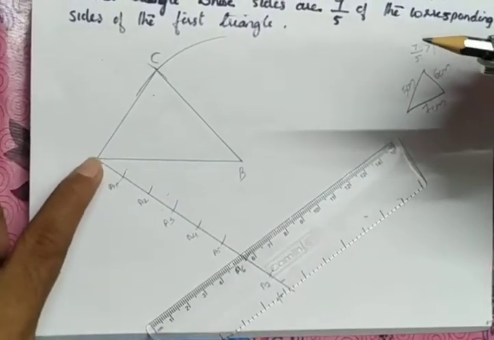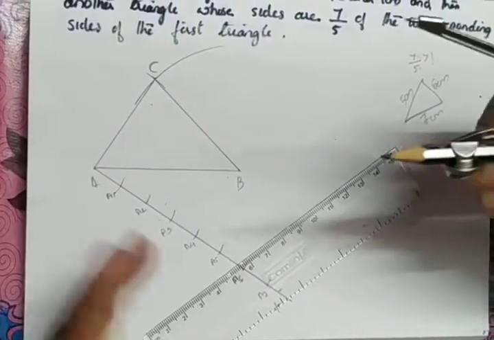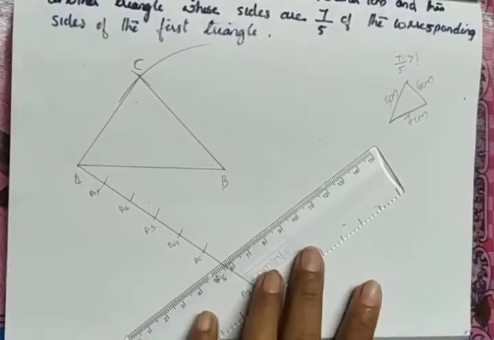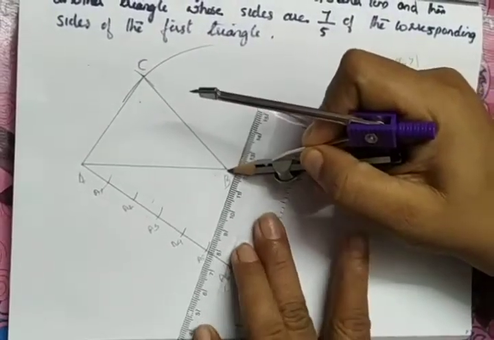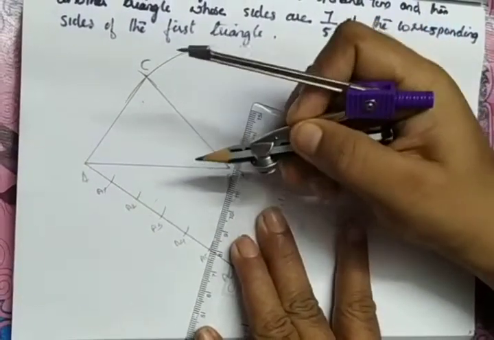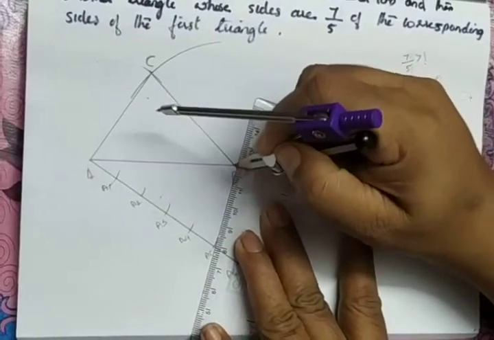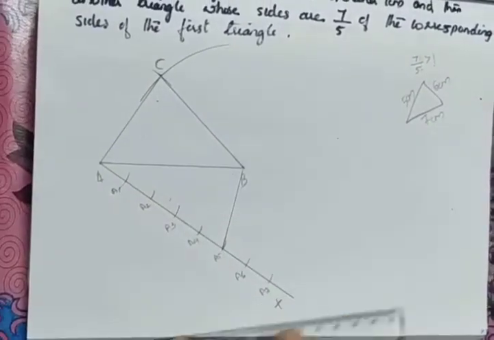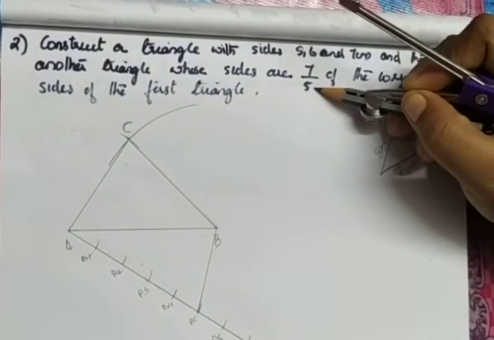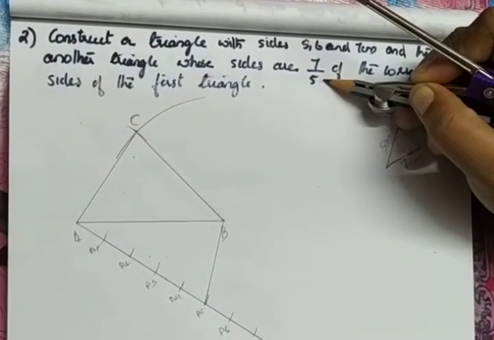If you are taking a larger radius, A5 will be somewhere outside the line. That will depend on the radius. No problem. Wherever the point lies, it will be correct. Just join the vertex B with the fifth point. So we have joined the fifth point with the vertex B.